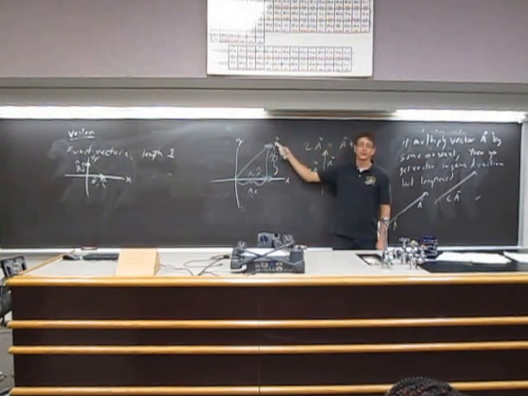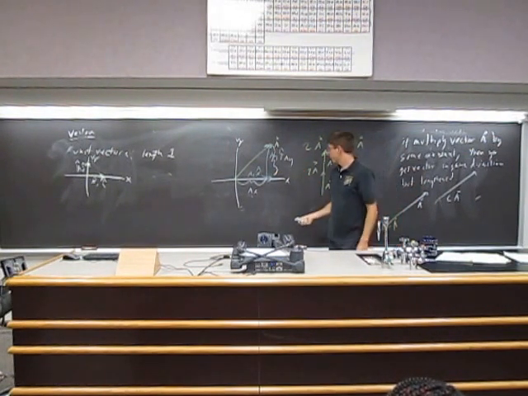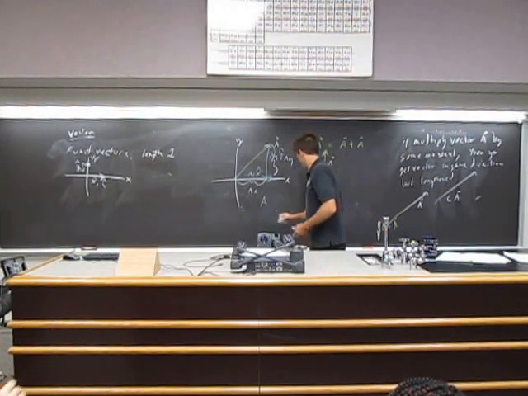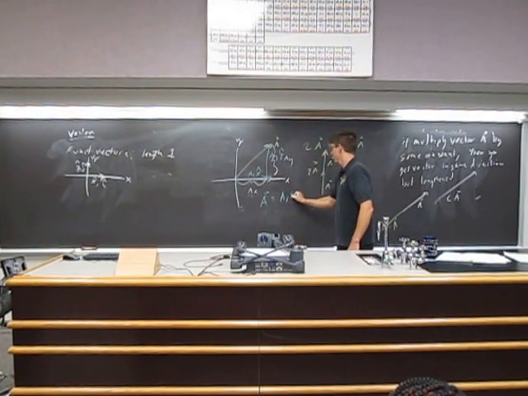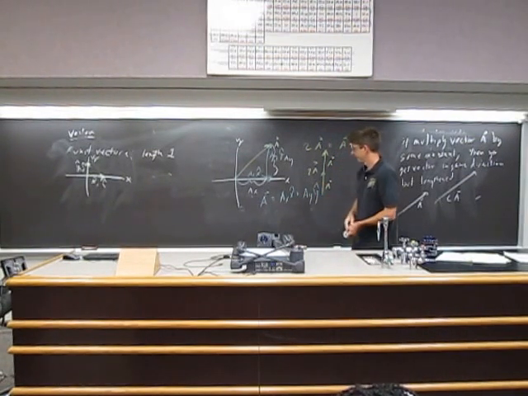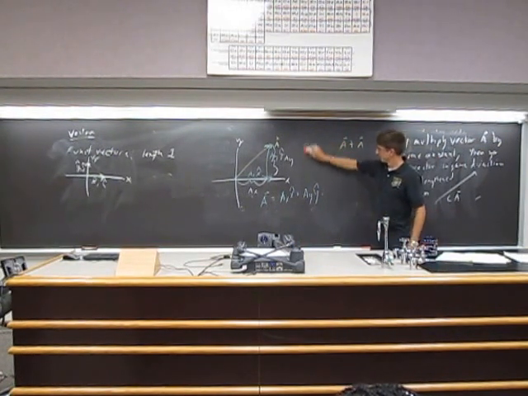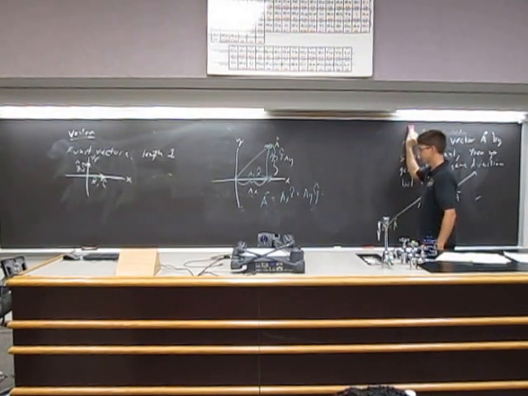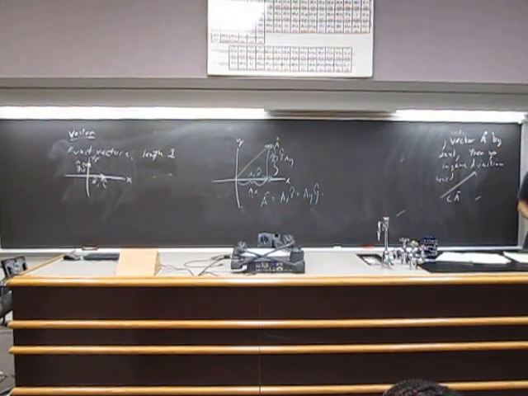So A is the result of those two vectors added together. So I can write A equals a sub x, x hat plus a sub y, y hat. That's one way to represent vectors in terms of unit vectors. We'll run into that a lot.